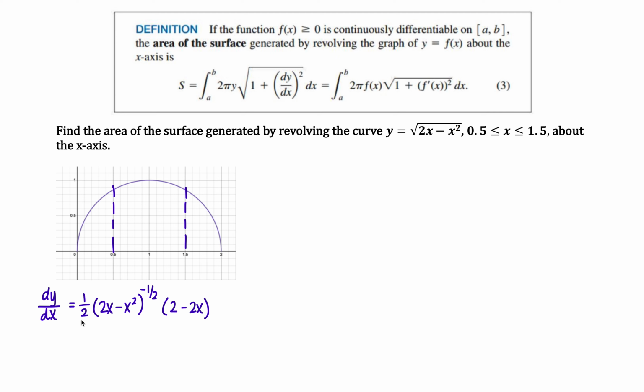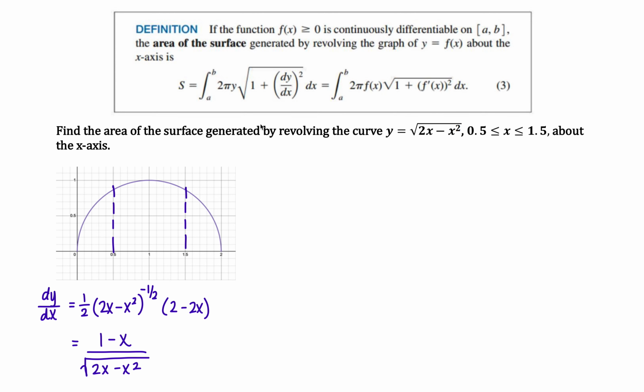If I take that 1/2 and distribute it across the second set of parentheses, I'm left with 1 minus x. So combining that with this negative exponent, bringing the 2x minus x squared part to the denominator, it's going to leave me with this, 1 minus x over the square root of 2x minus x squared. So there is my derivative.